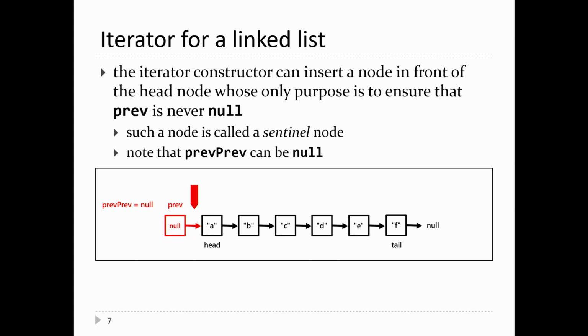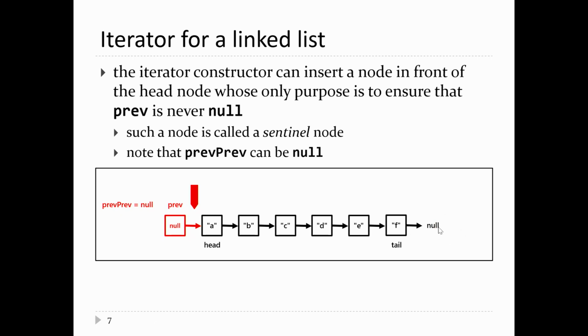Now you can also implement the linked list itself so that it has a sentinel node at the front. You can also insert a sentinel node at the back, and so the empty linked list in that case would have two nodes: the sentinel node in front and the sentinel node in back.